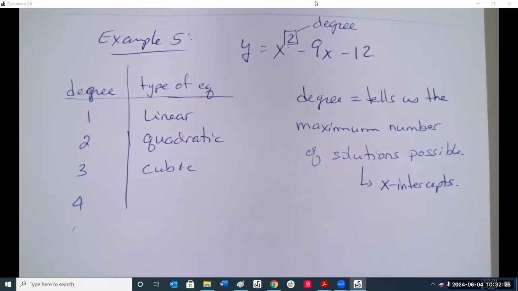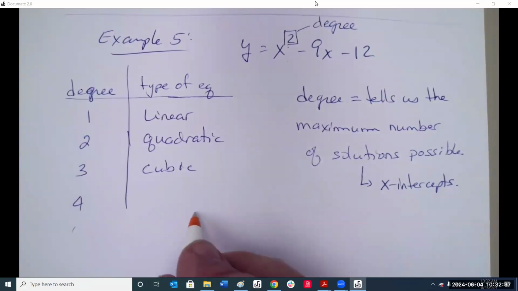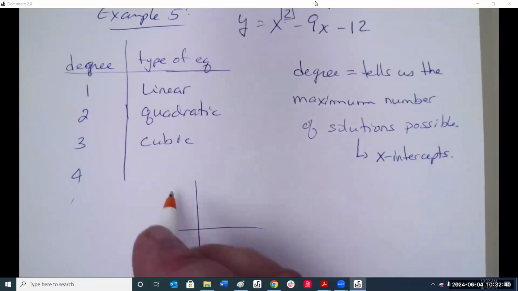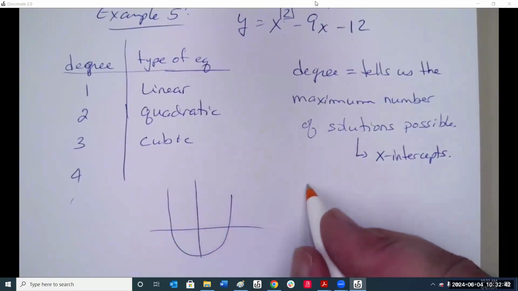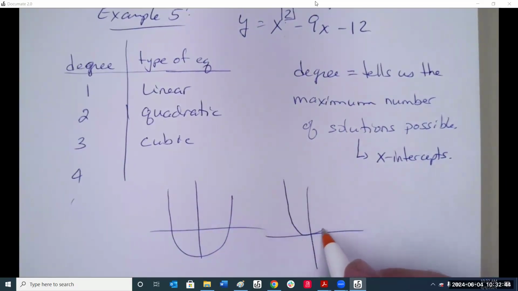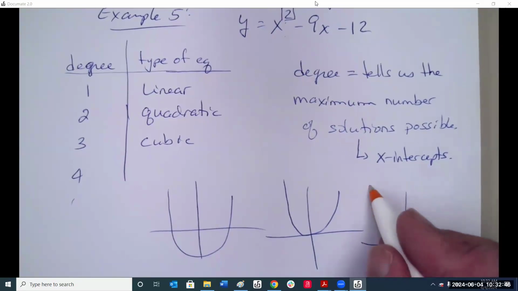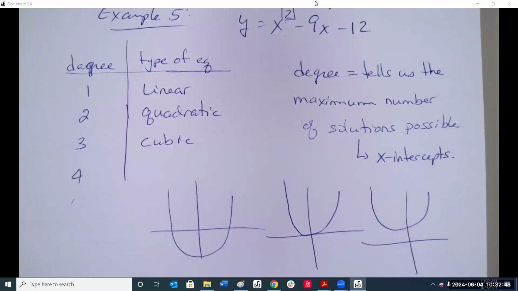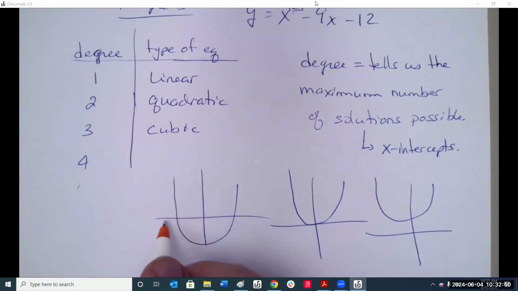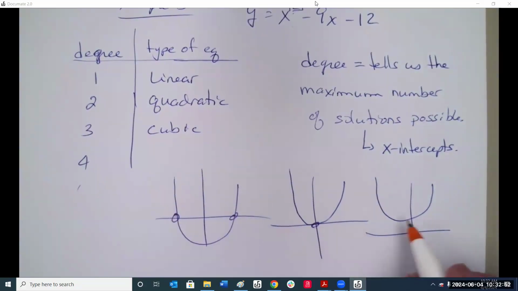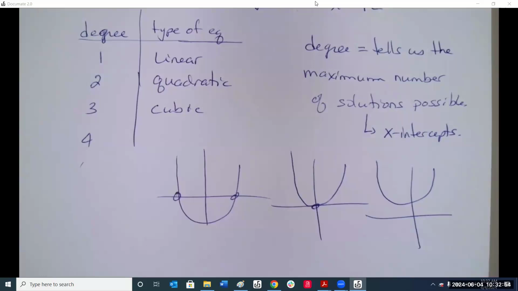So a linear equation has how many solutions? One. This equation is a quadratic. How many solutions is it going to have? Two, at most two. Because if it's quadratic, it can look like this, it can look like this, or it can look like this. You can have two solutions, one solution, or no solutions.